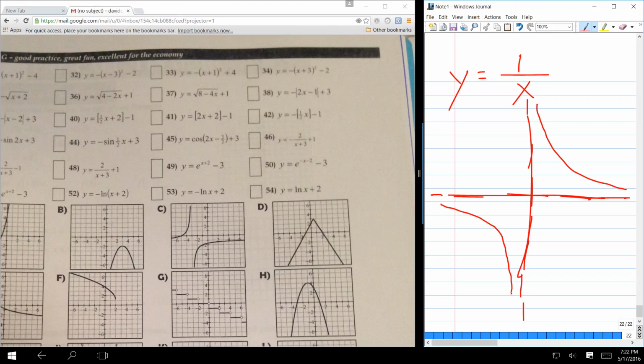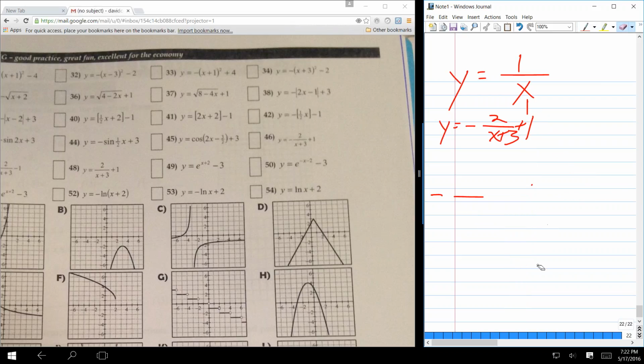Okay, well now our function looks like y equals minus 2 over x plus 3, plus 1. Wow, what are we going to have to do to that? Let me think for a moment.